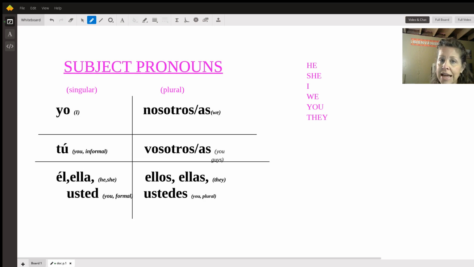Otherwise, the rest of Latin America, when they are addressing two or more people and want to say you, whether it's your best friend or it's the governor, you are going to have to default to ustedes, which is the plural for you. Again, the English translation is just you.